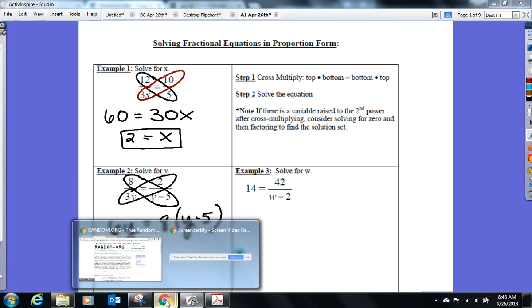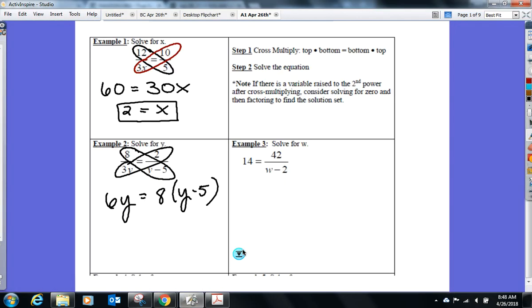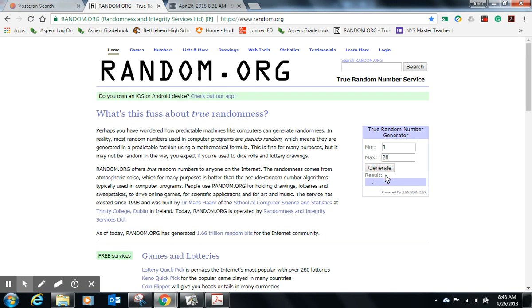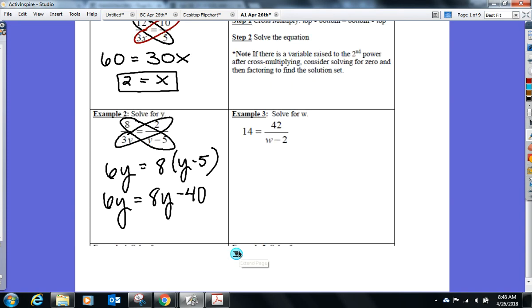So go ahead, somebody help your classmates out. Distribute the 8. Here you go, distribute the 8. Yep. Go ahead, guys. Move the y's to one side. Solve for y.